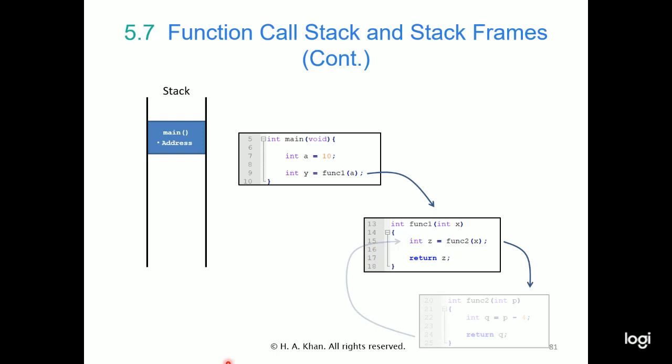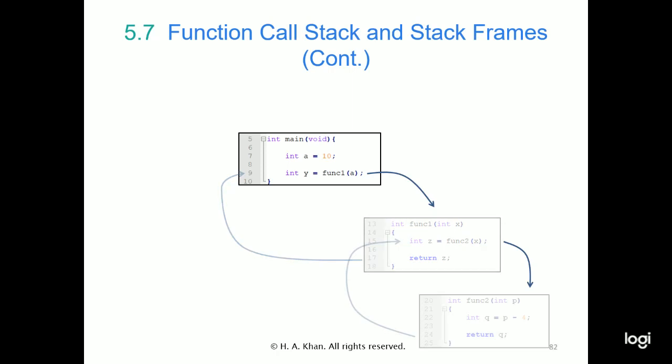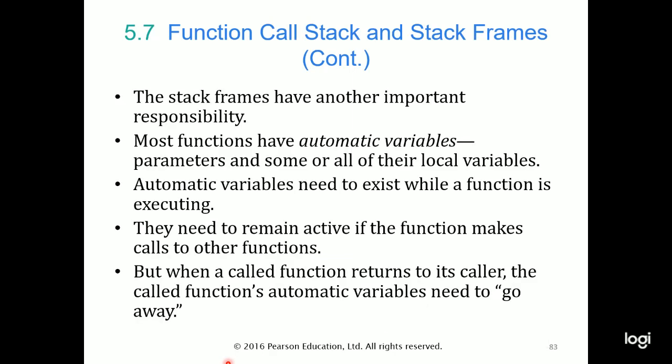Once we have completed function 1 and want to return to the main function, we can do so by going back using the return address at the top of our stack, and then we don't really have to worry about the stack. We can continue to execute the main function. So that's how it generally works.